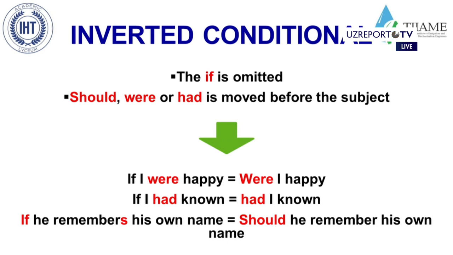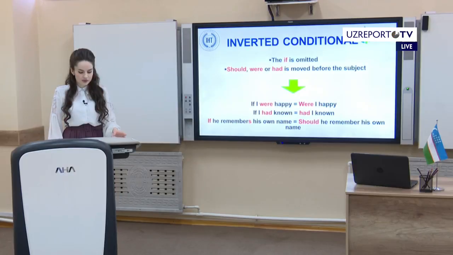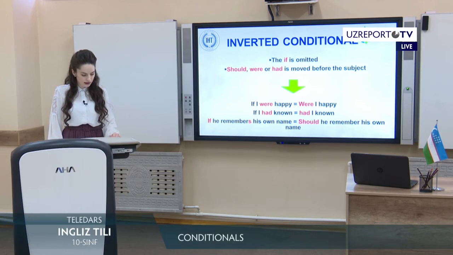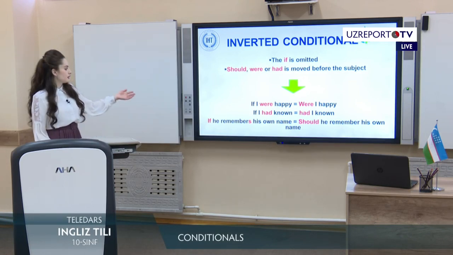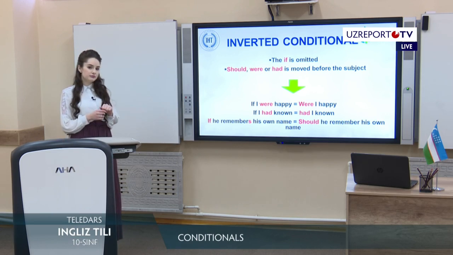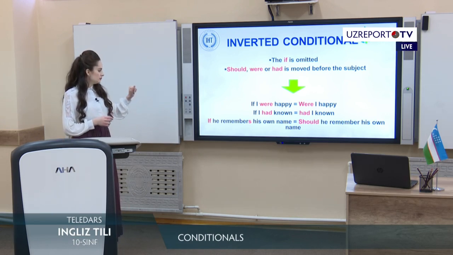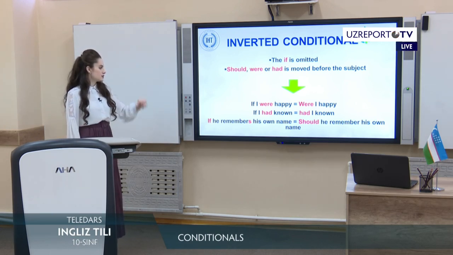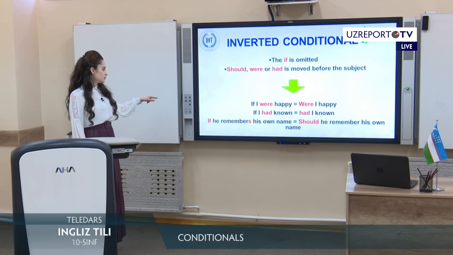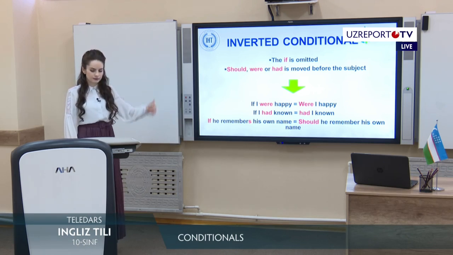It will be the same meaning, but it sounds more official. Or if I had known, had I known, sounds again more official. Or another example with should. We add this word. Could you look at the example? If he remembers his own name, so we omitted if and added should instead of that. He was replaced after should.